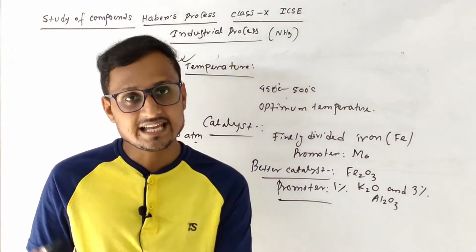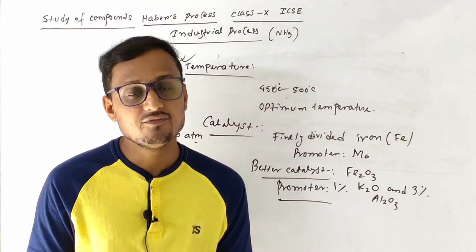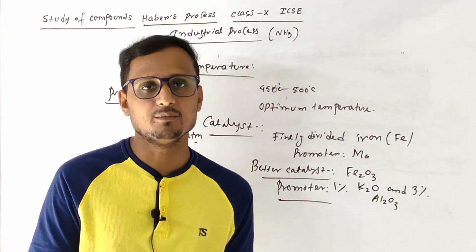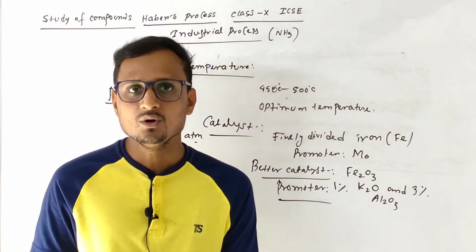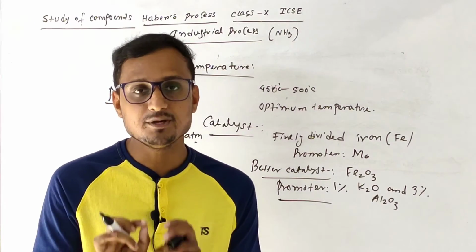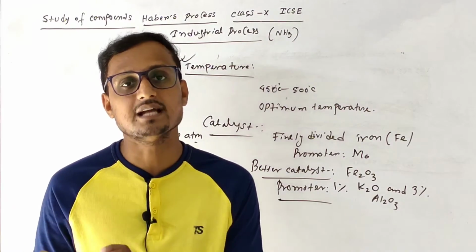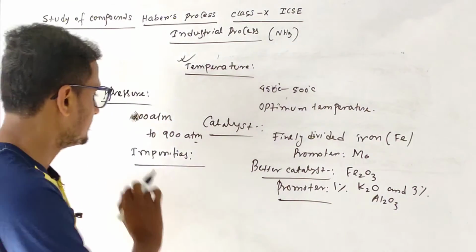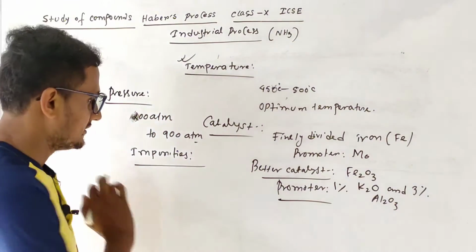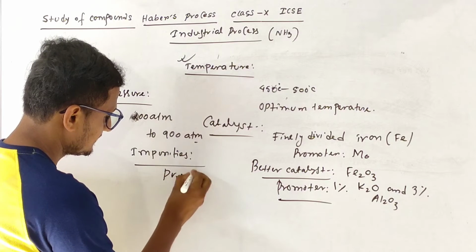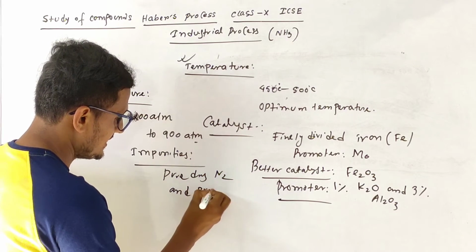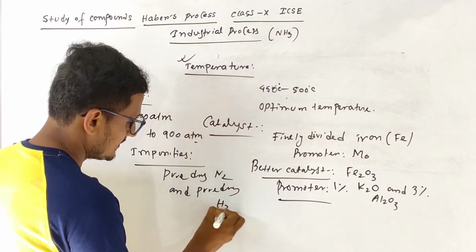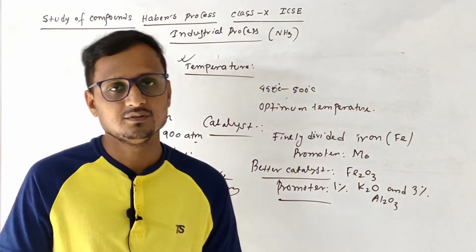We will get less yield if some impurities like carbon monoxide and carbon dioxide are there. So what we have to do is take pure dry nitrogen and pure dry hydrogen, so no impurities will be there.